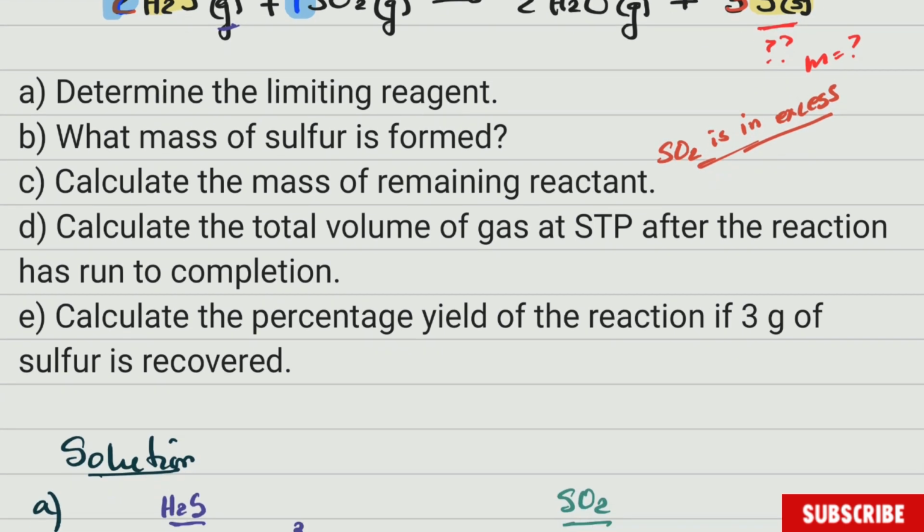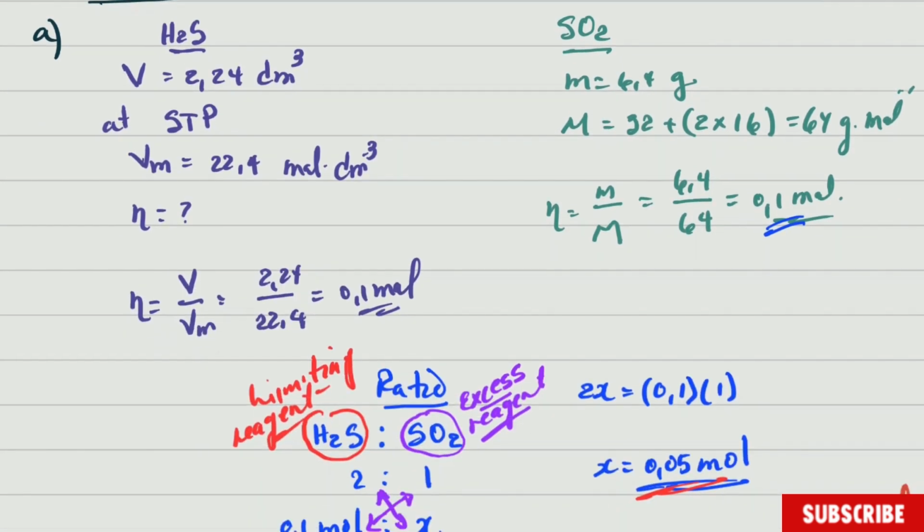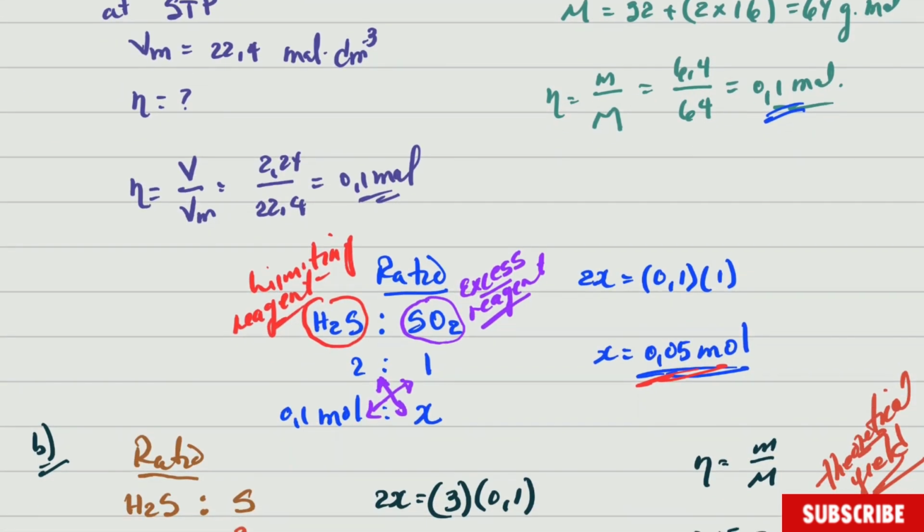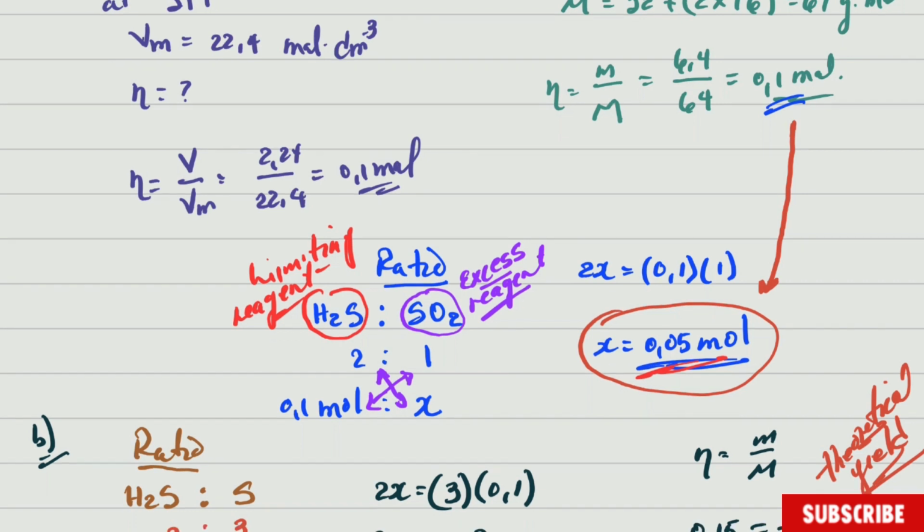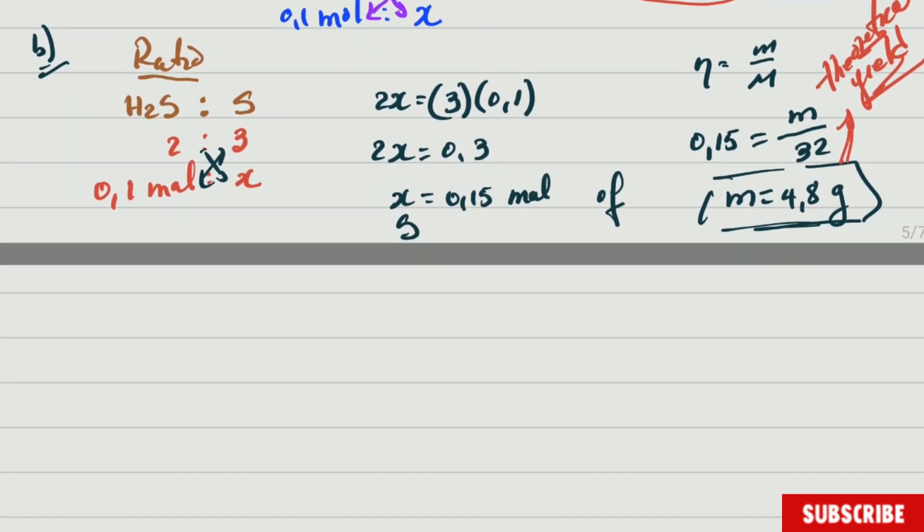If we go back here, we know according to this ratio that only 0.05 mole was used during the reaction, was needed. So how much is left? We started with 0.1, as you can see there, but we only needed 0.05. So how much is left? And we are going to solve that one right here.